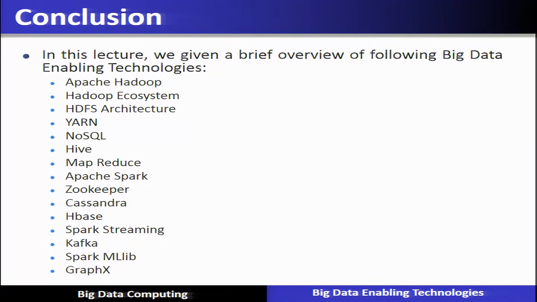Then we have seen the Apache Spark framework, and over Spark we have seen the framework for stream computation, that is Spark Streaming, graph computation, that is GraphX, and for machine learning we have seen MLlib. We have also seen Kafka for getting the streams into the Spark Streaming system for computations.